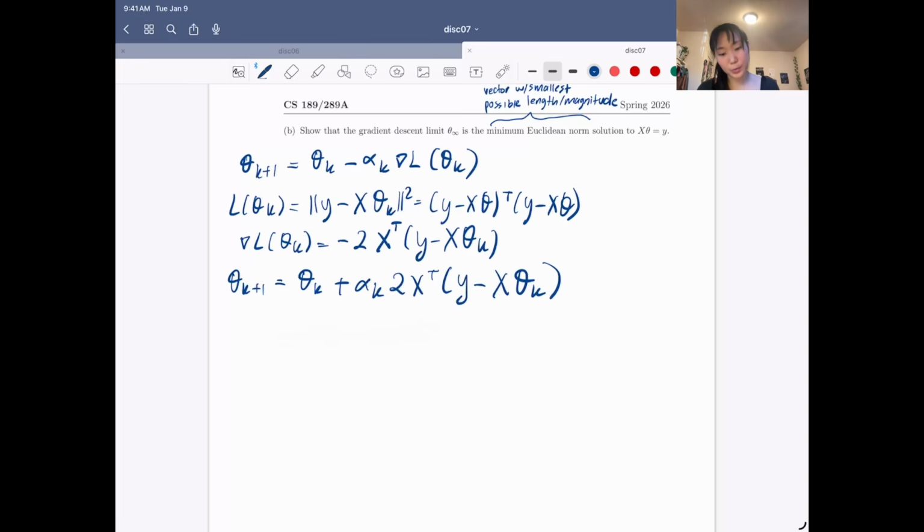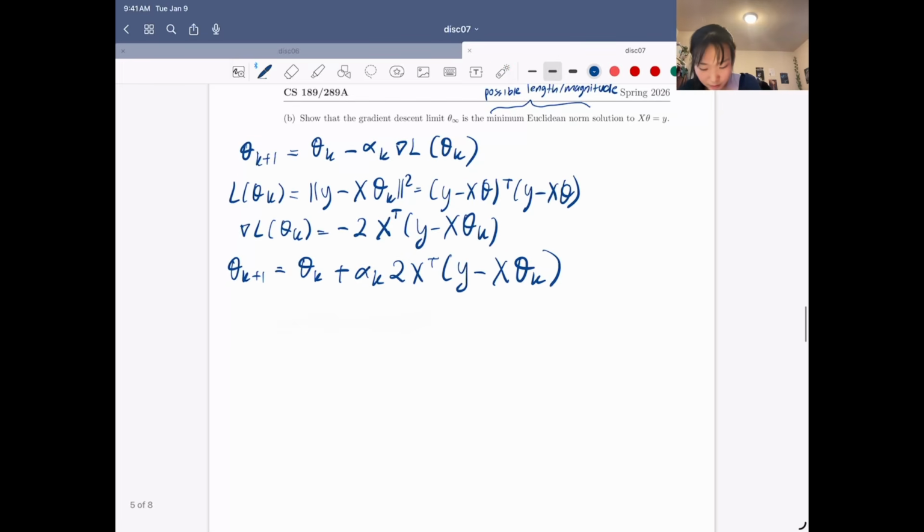And now, before we show that the gradient descent limit is the minimum Euclidean norm, I'm actually going to show you something pretty cool, which is that every update, every update from theta k to theta k plus 1, and theta k plus 1 to theta k plus 2, is actually perpendicular to the kernel space.